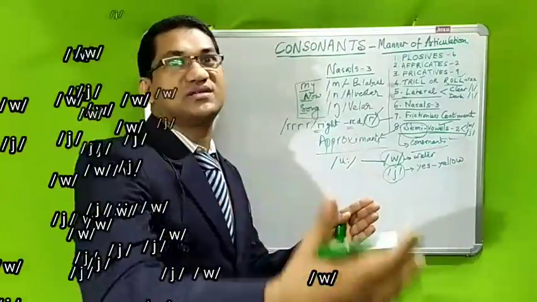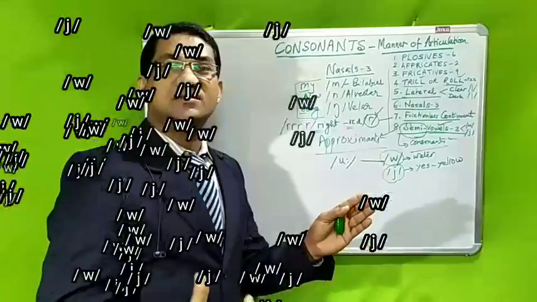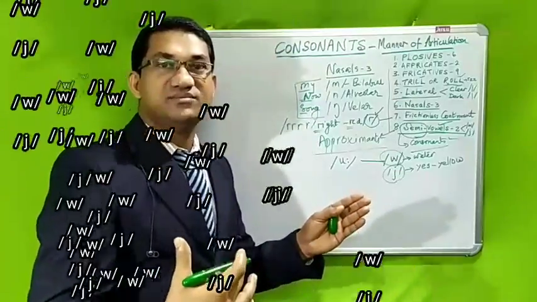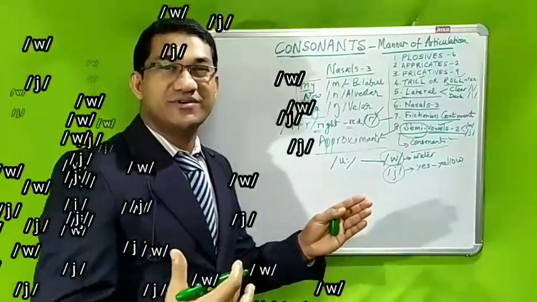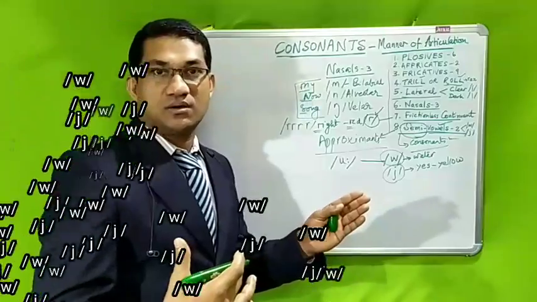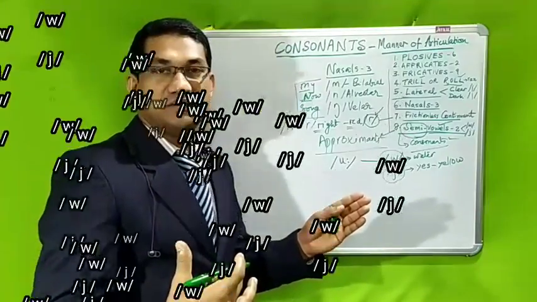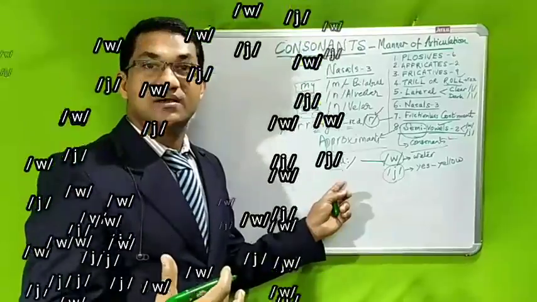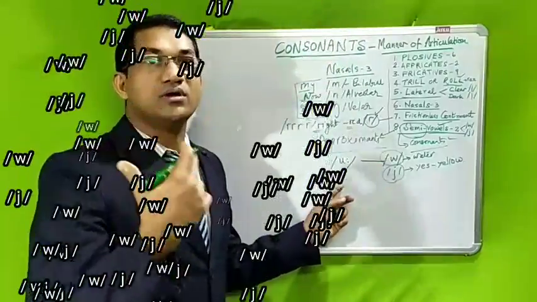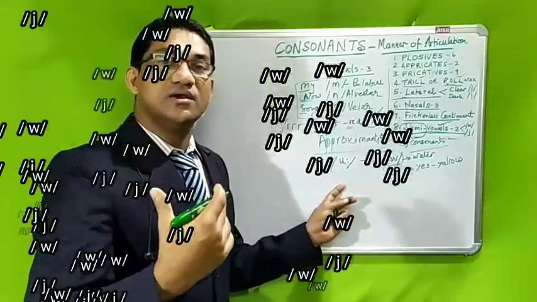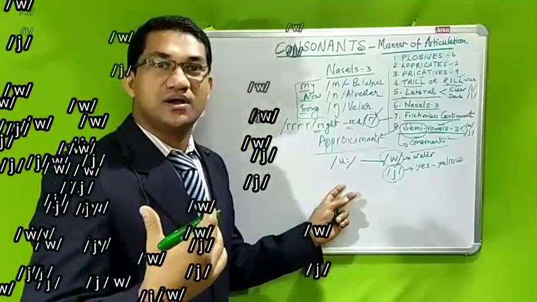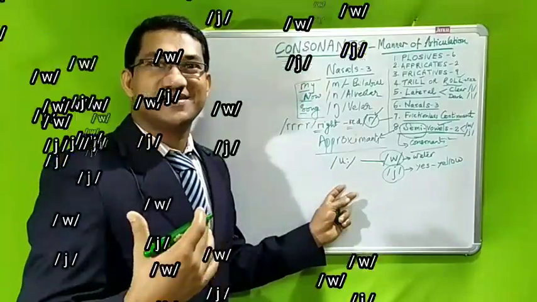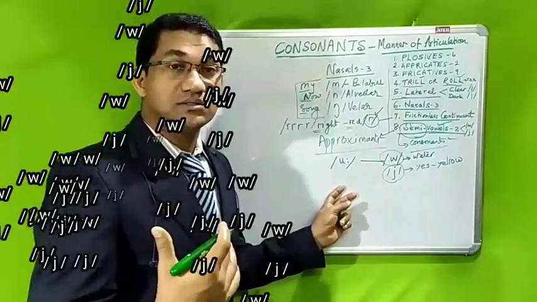Halfway through there is a glide. Initially, the back of the tongue is lifted, and it's coming very close to the roof of the mouth, and suddenly we have the rounding of the lips, and we just go and utter the sound w.